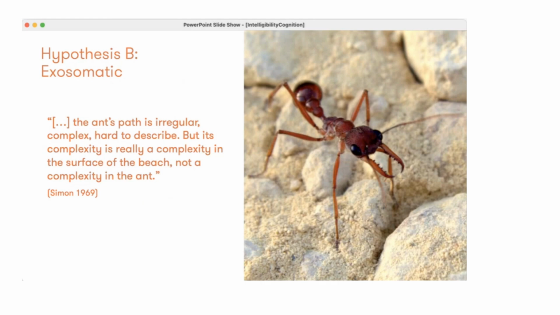But as he says, the ant is a very simple machine, doesn't have a lot of cognitive capacity, but the twists and turns it takes are because at its scale, the grains of sand that we can barely see are giant boulders that it has to climb over. And that's the complexity of the environment that causes the complexity of the ant's path rather than its own internal complexity. So are we a little bit like that?